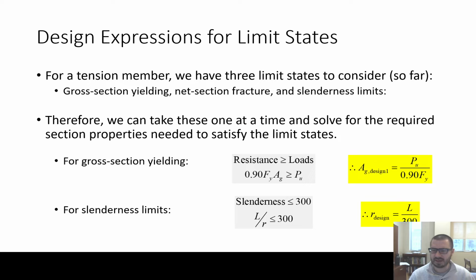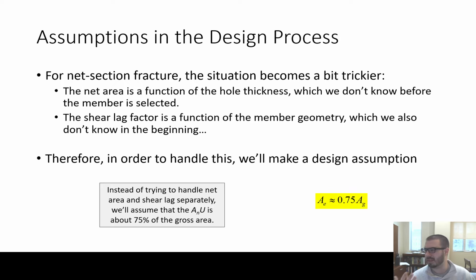We derived the expressions for our limit states. I think my camera is cutting off one of them a little bit, but we have the gross area design requirement and then the radius of gyration requirement. Those are closed form. We can solve for those and just pick a member that meets those requirements. But with net section fracture, we really can't do that. There's too many unknowns.